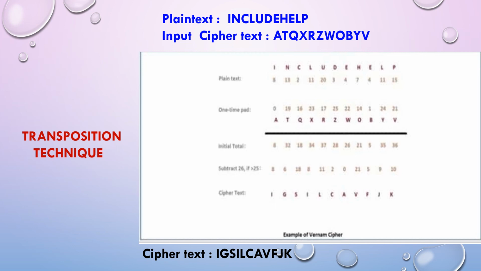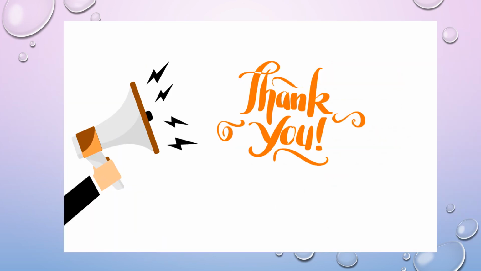So if we use the message INCLUDEHELP and the input ciphertext ATQXRZWOBYV, then by using the Vernam cipher we get the ciphertext IGSILCAVFJK. Thank you for listening to this video lecture. Thank you.